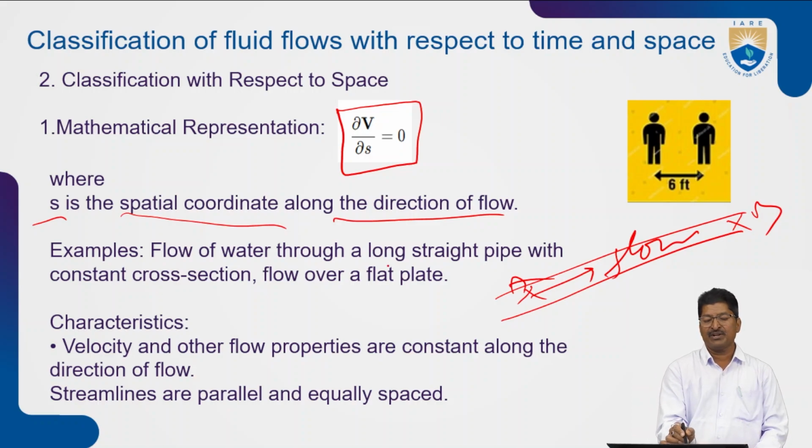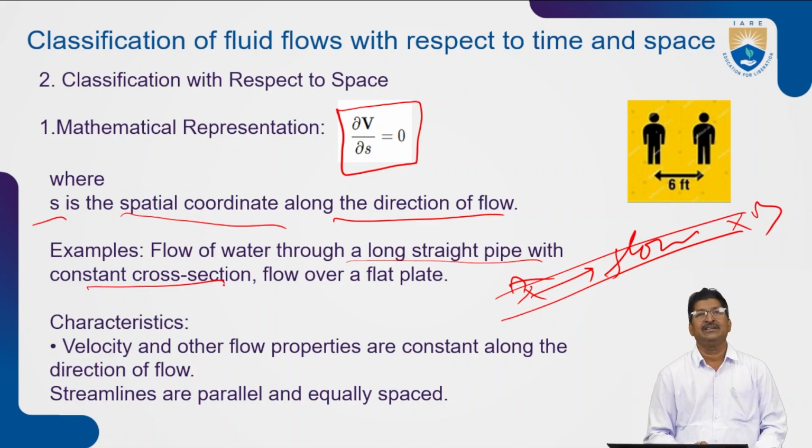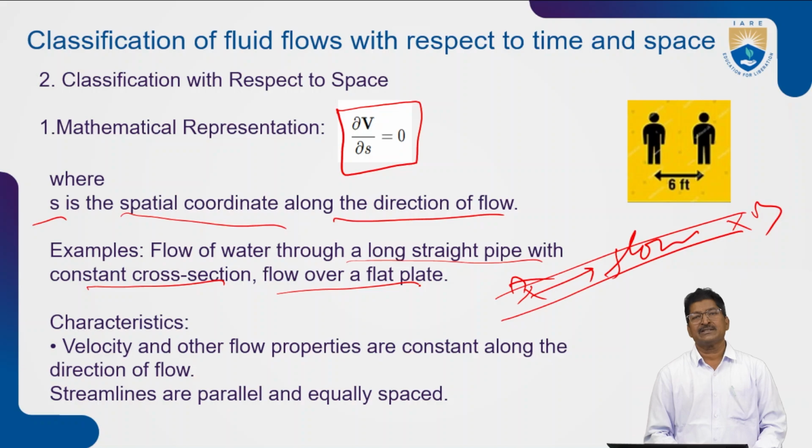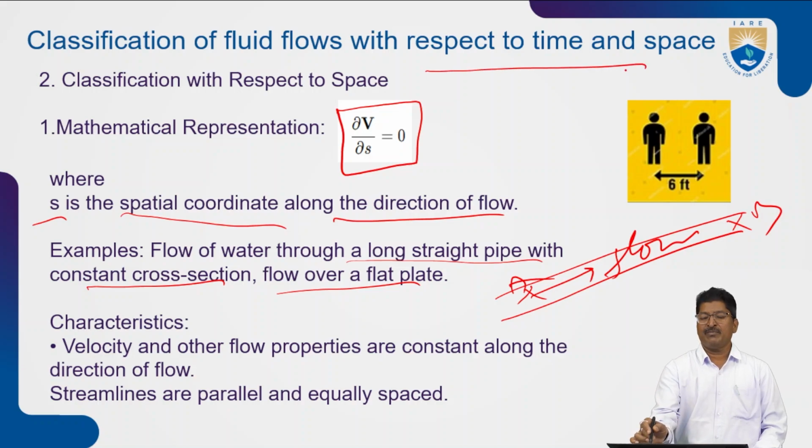Examples: flow of water through a long straight pipe with constant cross section, or flow over a flat plate. What is the constant cross section? Constant cross section means the same diameter. If the diameter is the same and the pipe is long, then wherever you measure, you will get the same velocity.